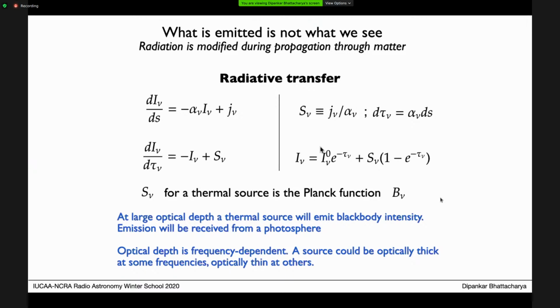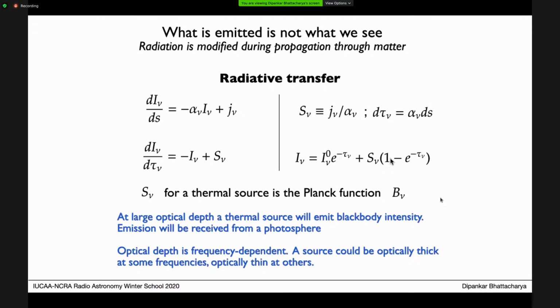And when you solve this, you have a fairly straightforward expression, and you find that the intensity, as radiation propagates through material, is given by I nu 0, which was the incident intensity on that material, times exponential minus tau nu, that is, the incident intensity is attenuated exponentially because of absorption in the material, plus the material adds the radiation it itself generates, that is S nu times 1 minus e to the power of minus tau nu, right?